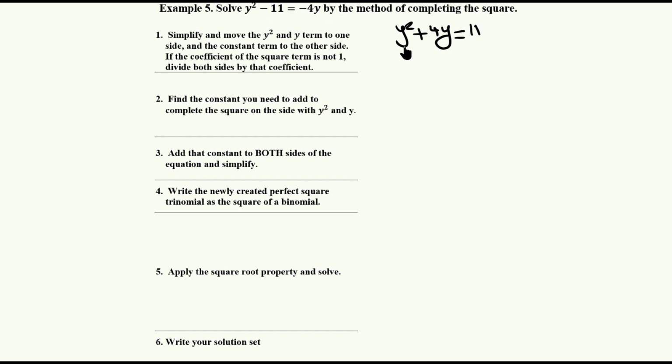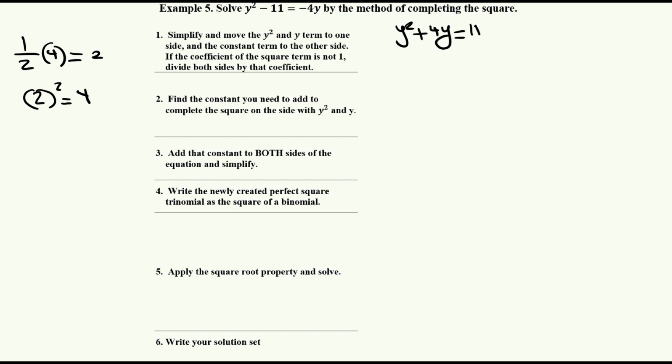Now we're going to determine the constant we need to add to y squared plus 4y to turn it into a perfect square trinomial. That's usually, as I said, side work, so we'll go ahead and do that on the side here. So we know that we need to take 1/2 of 4, which is 2, and we need to go ahead and square that to get 4.